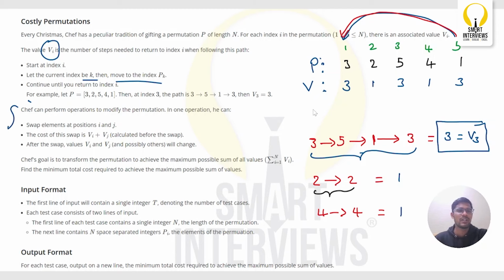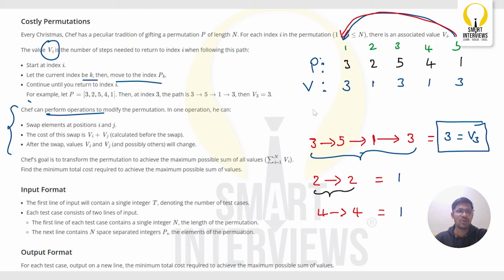Okay, moving forward, chef can perform operations to modify the permutation. In one operation, he can swap elements at positions i and j. The cost of this swap is Vi plus Vj, calculated before the swap. After the swap, values Vi and Vj will change.